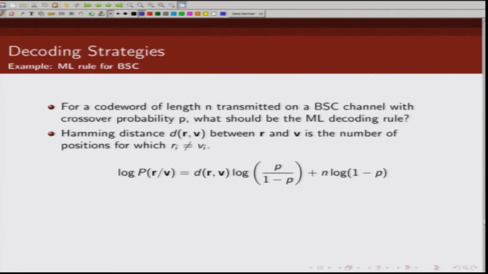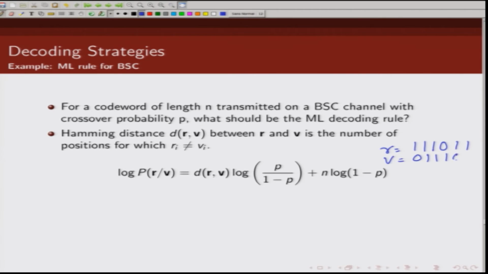What is the Hamming distance between two code words, or two n-tuples? Let us call it the Hamming distance between R and V, both being n-bit vectors. The Hamming distance between R and V is defined as the number of positions in which R and V differ. For example, let R be 1 1 1 0 1 1 and V be 0 1 1 1 0 1.